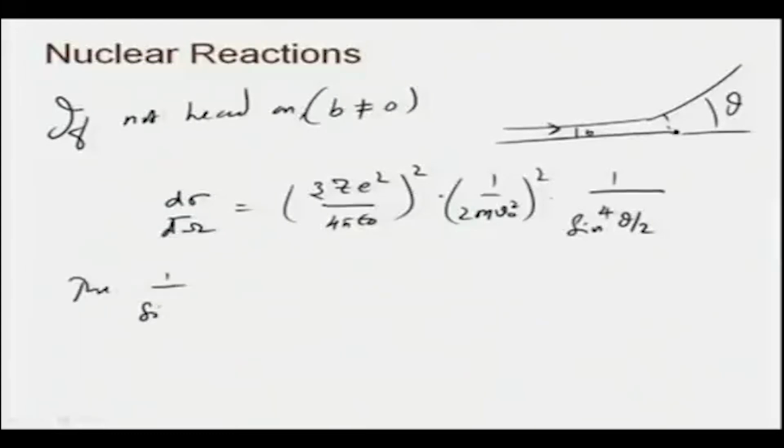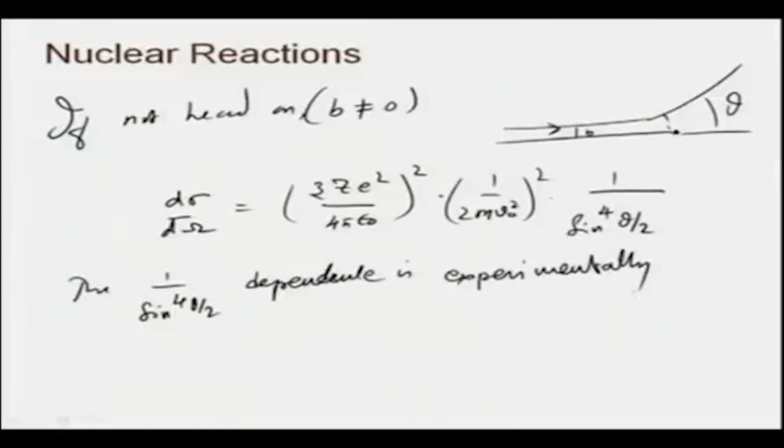The 1 over sin power 4 theta by 2 dependence is experimentally confirmed in Rutherford scattering experiments. Okay.